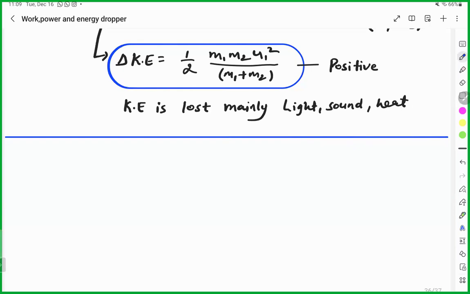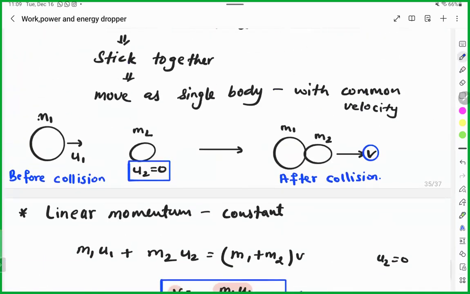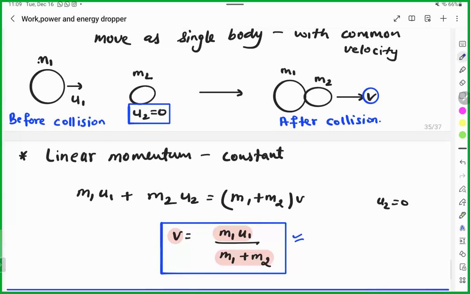We don't need to remember formulas except this V1, V2. You have to apply one basic thing everywhere: conservation of linear momentum. That's all. Linear momentum will remain conserved. In case of elastic, kinetic energy is also conserved.